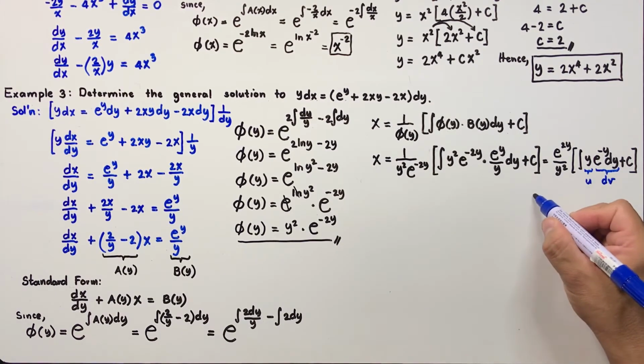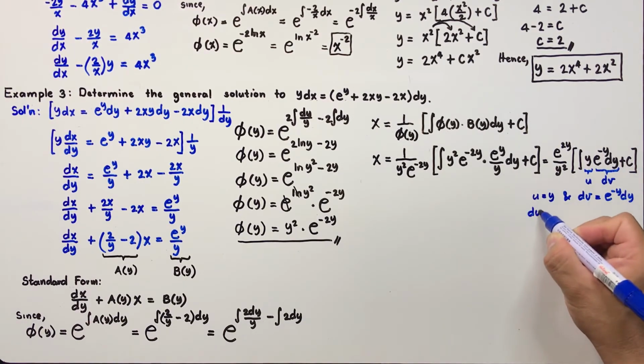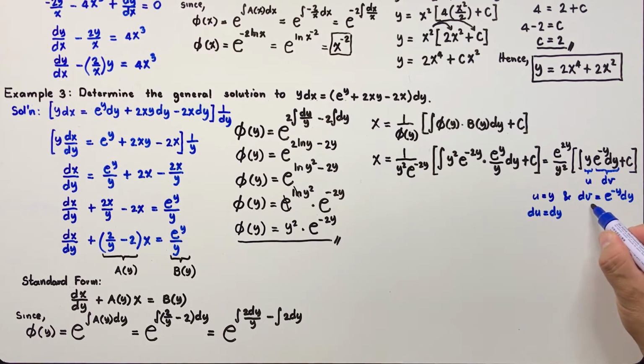So letting u as y and our dv as e to the negative y dy, we can solve for our du, which is equal to dy. And solving for our v from this equation, we need to integrate both sides of the equation.